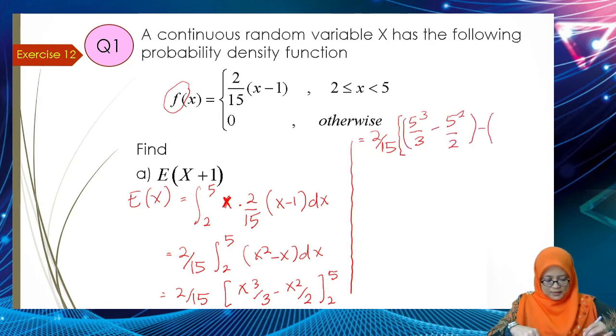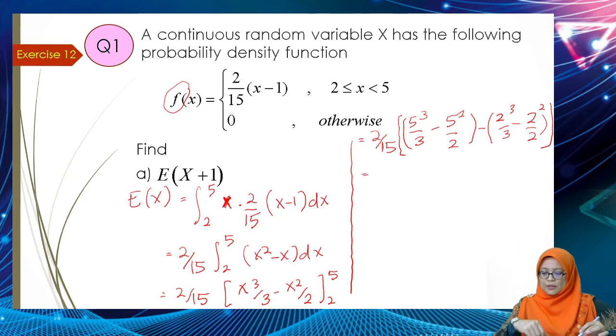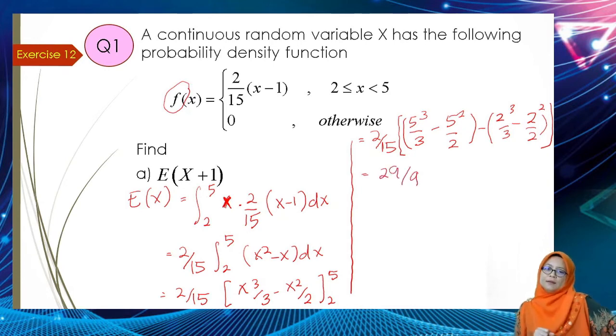So then substitute 2 cube over 3 minus 2 square over 2. So ini awak akan dapat awak punya expectation of X is 29 over 9. So itu baru cari expectation X.